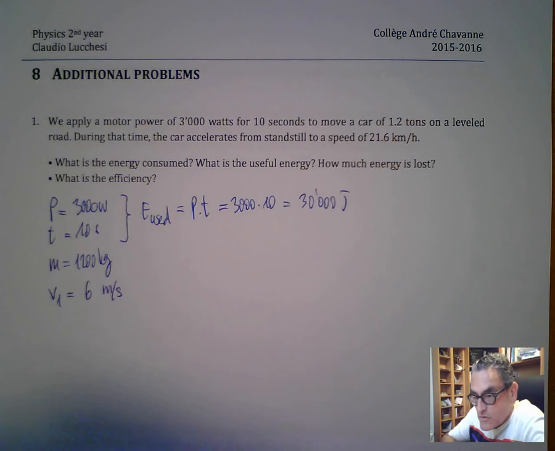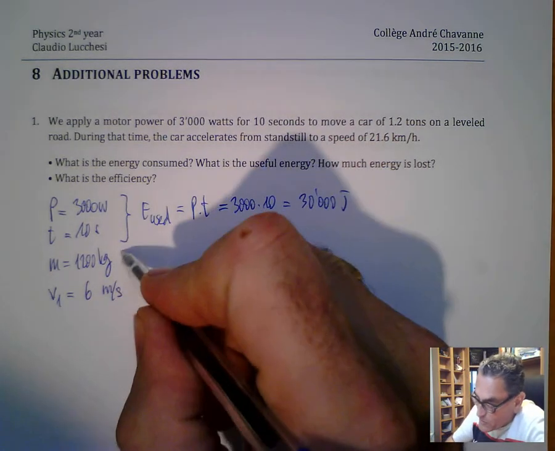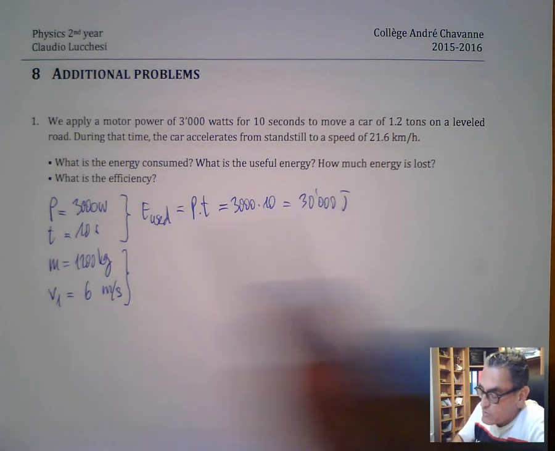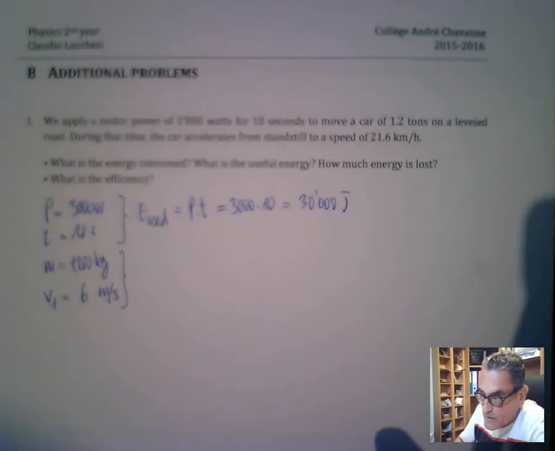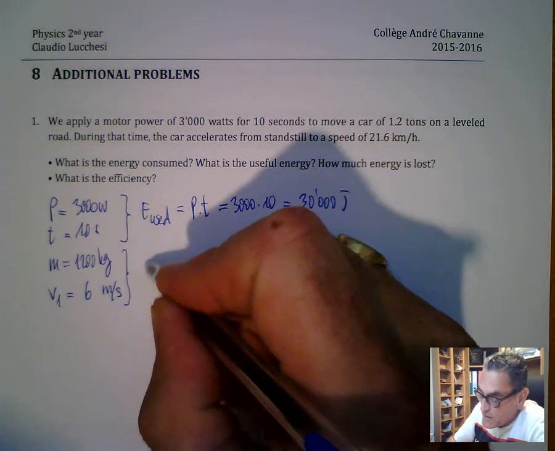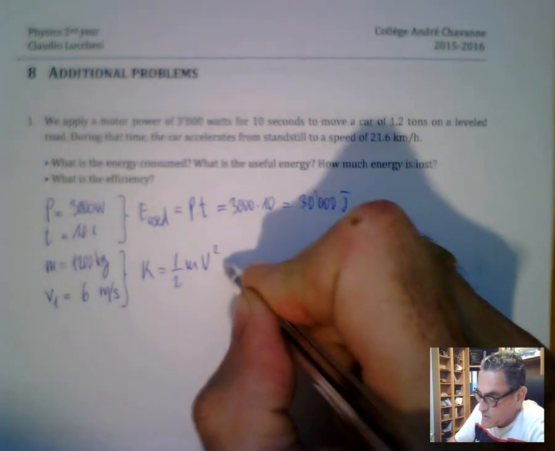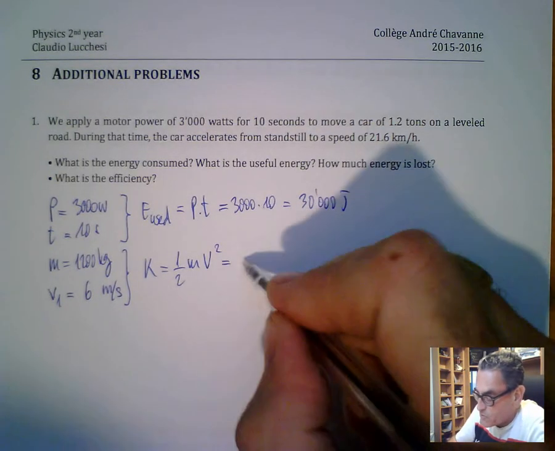Now, how much mechanical energy is the car carrying after this acceleration? This is something different. The road is level. The car, by being set into motion, has acquired only mechanical energy, kinetic energy, and this kinetic energy is 1/2 mv squared.